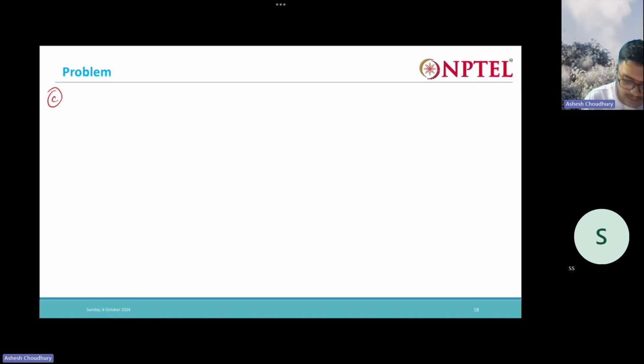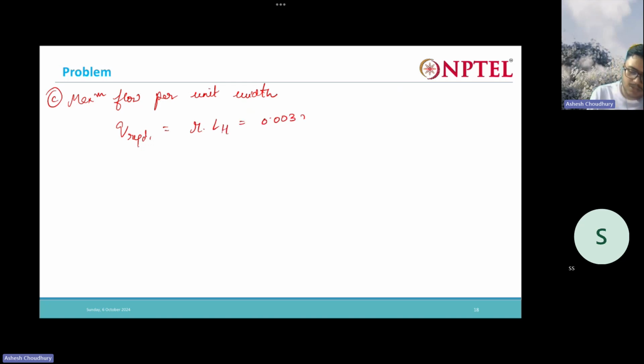So next we have the maximum flow. Q required flow rate is nothing but R times LH: 0.003 meter cube per day per meter square times 27.1 meters.